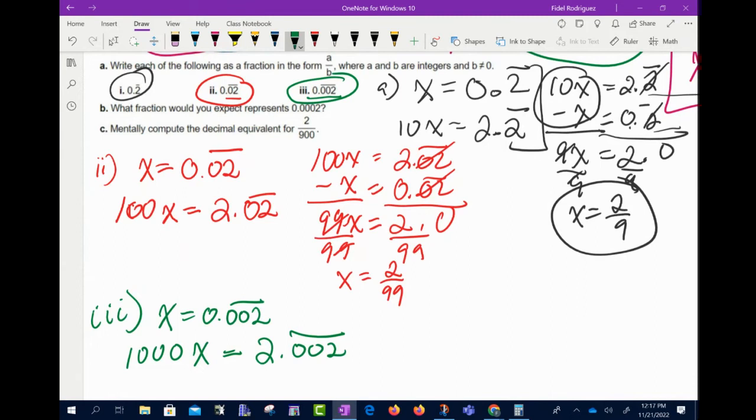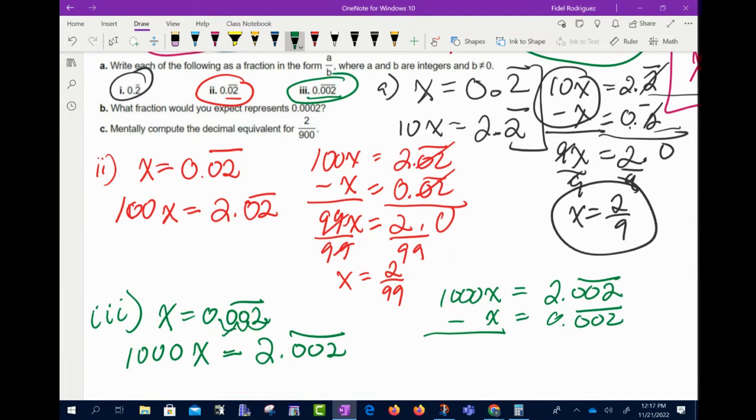Because what that's going to do is move my decimal 3 spaces, okay? So my decimal moved, again, if it helps, you can go 1, 2, 3. But remember, there's still 002, 002, 002, right? Just like we did before, I'm going to go ahead and subtract. So I'm going to take 1,000x minus an x. Now 1,000x looked like this.